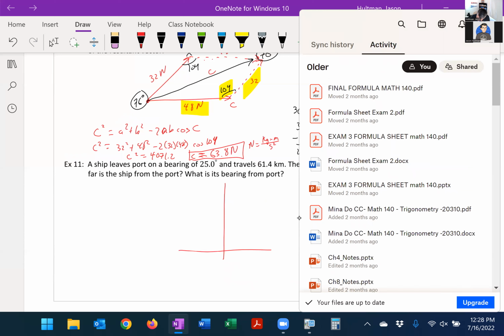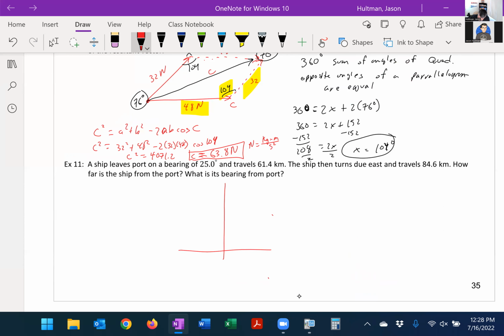Let me make it a little more accurate. 25 degrees from north is the bearing that it's going, because bearing is always with respect to north, and it's always going clockwise.